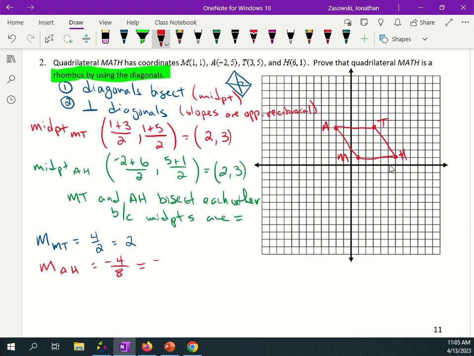And does this equal negative 1/2? It does. So what can I tell you about the work we just did now? That they're perpendicular. So MT is perpendicular to AH. And why are they perpendicular? Good. Slopes are negative reciprocals.